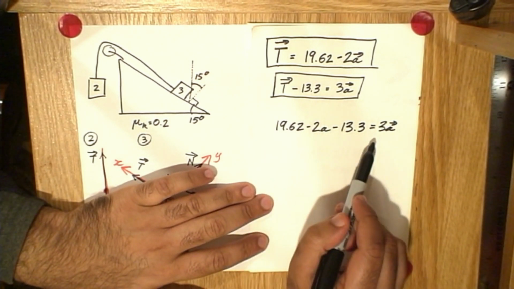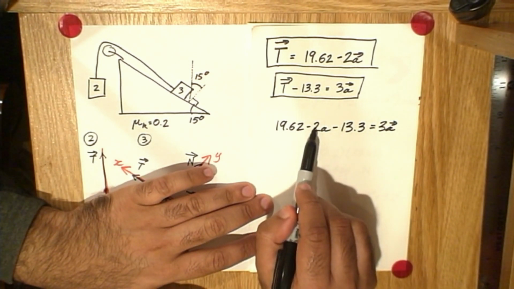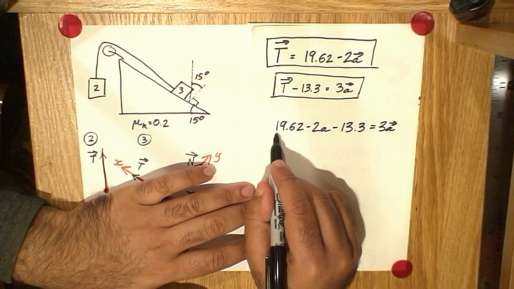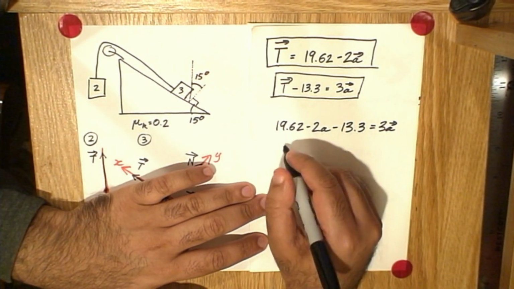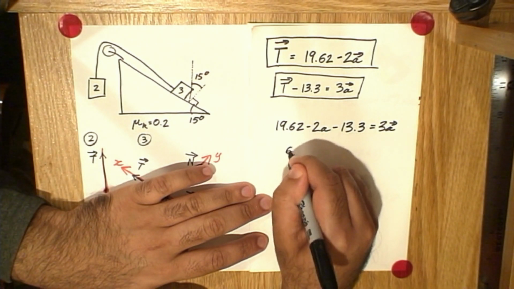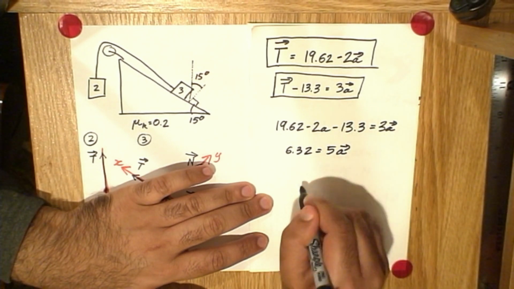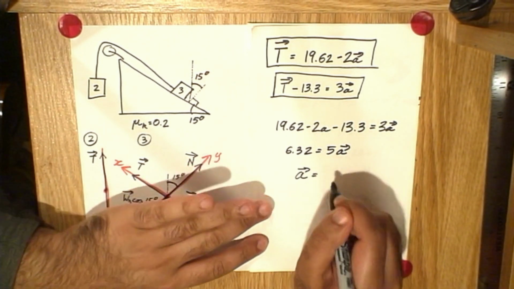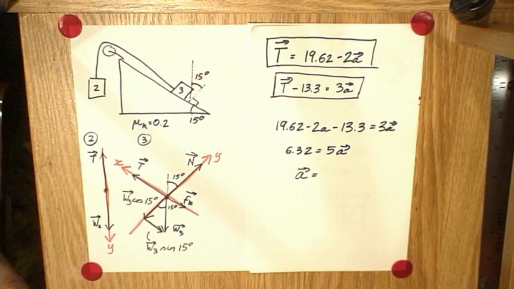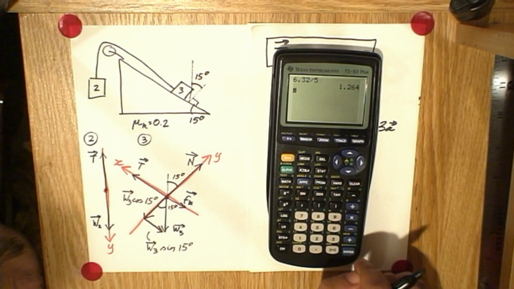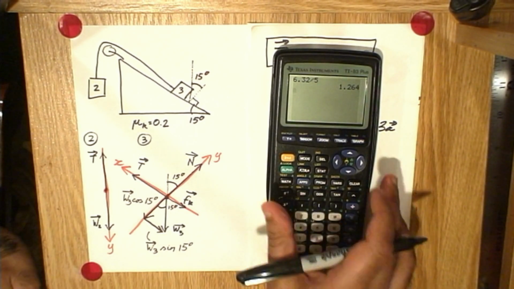So simplifying all of this, I can move the 2a to the other side by adding it on both sides. 19.62 minus 13.3 is going to give us 6.32 is equal to 5a. And so we get an acceleration of 1.26 meters per second squared.